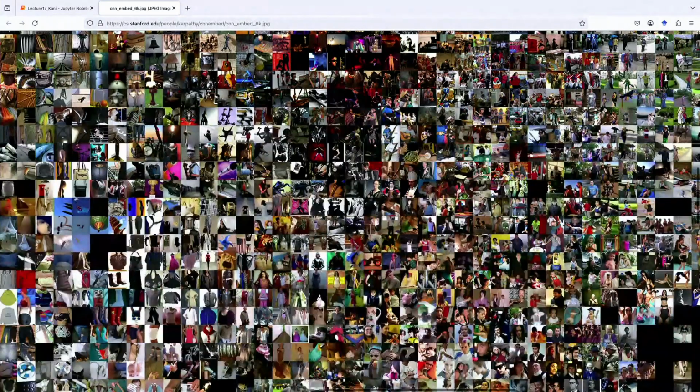So that's another reason for dimensionality reduction. You just want to be able to visualize the data. If I embed the data as two-dimensional vectors, you want to see whether the pieces of data that look similar are closest together.